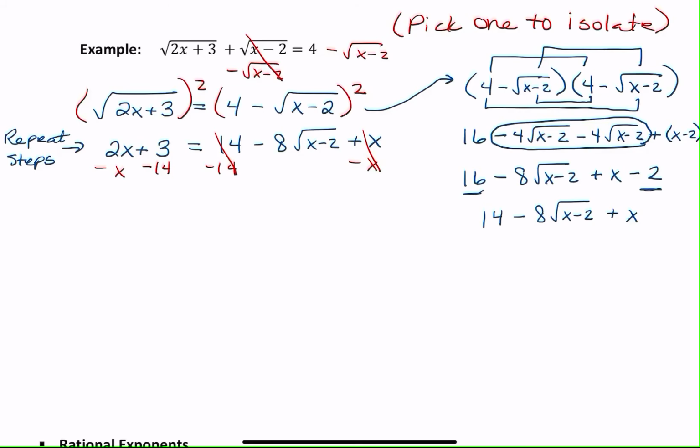So that's going to give me x minus 11 equals negative 8 square root of x minus 2. Now if I divided by negative 8, which I could do, it would be kind of messy. So I'm just going to go ahead at this point and square both sides.